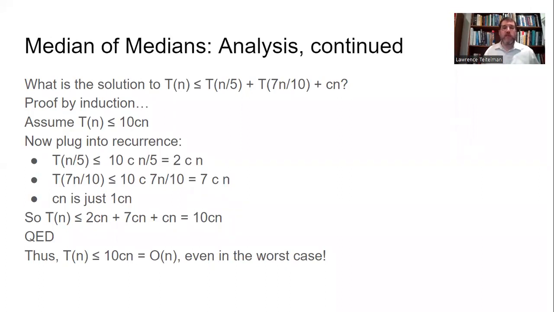Professor, a question: why is the quick select part c of n, c times n, that third part? Well, actually, that's not the quick select, that's the partition part. We said that partition is really n, either n minus 1, n, or n plus 1. But let's say we did a sloppy implementation.